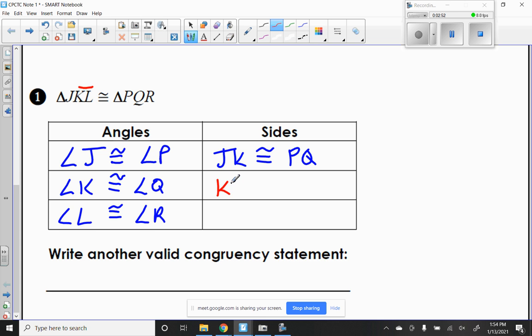KL is congruent to the second two letters, QR. How do you identify the third and final side that's equal? You take the first and third letters. So J and L is congruent to P and R.